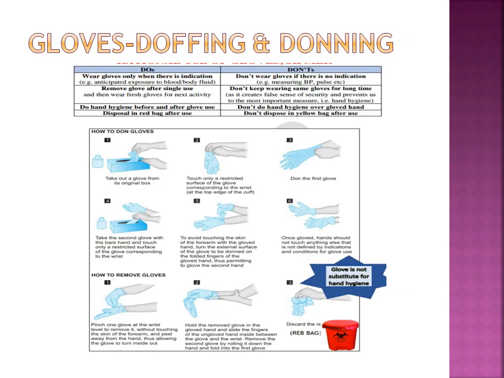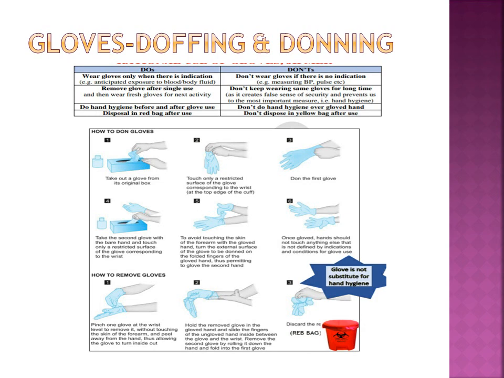So while removing, pinch or hold the outside of the glove near the wrist area, then peel away from the wrist, turning the glove inside out, then roll it in the gloved hand. Then in the fourth step you have to put your ungloved hand inside the gloved hand with the help of fingers.